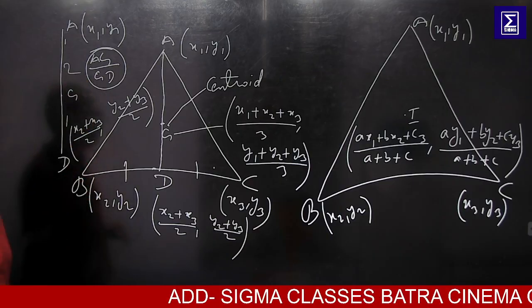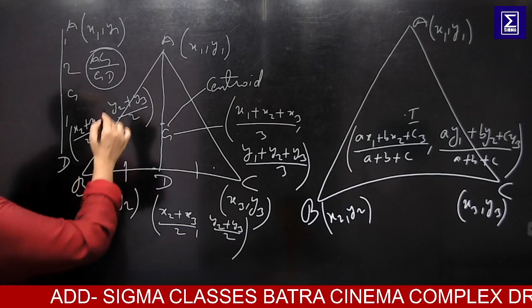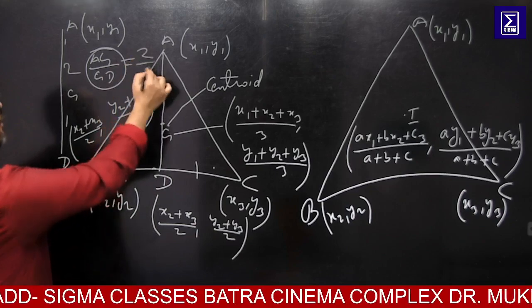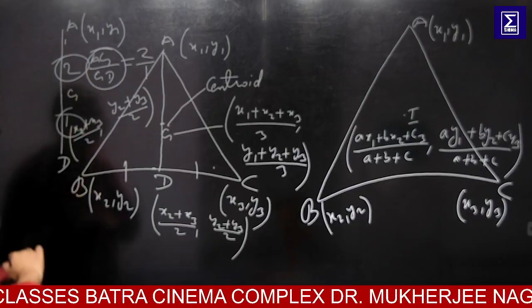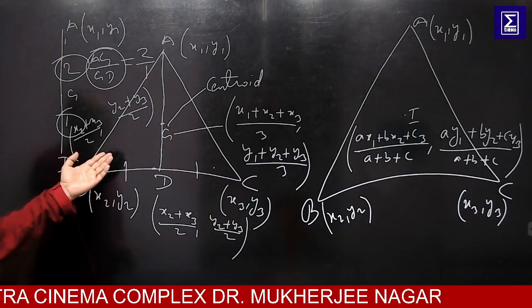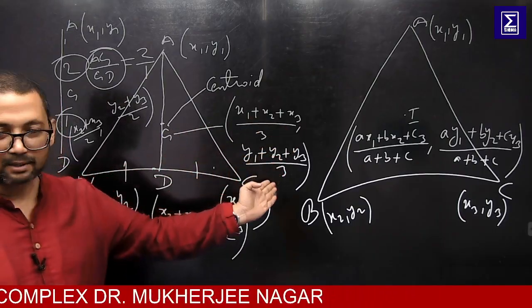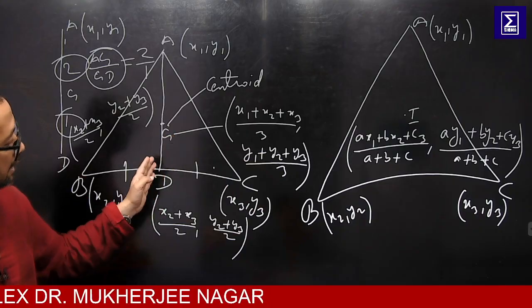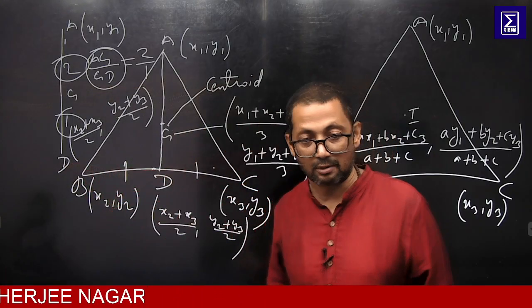Did I tell you that the centroid divides the median in a 2:1 ratio? So the upper part is 2 and the lower part is 1. Simply apply the formula and you will get it: (x1 plus x2 plus x3) upon 3, (y1 plus y2 plus y3) upon 3. So getting the centroid is the easiest among all 4 concepts.